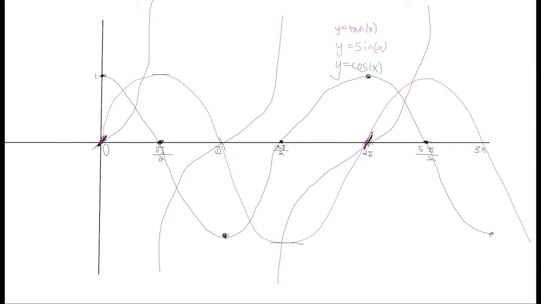And this derivative function is actually just going to follow the same pattern that the cosine function does. So we're really just looking at the slopes of the sine function, and then we're graphing that sine function's derivative. We're graphing the sine function's slopes. And it turns out that the sine function's slopes have the same function as the cosine function.